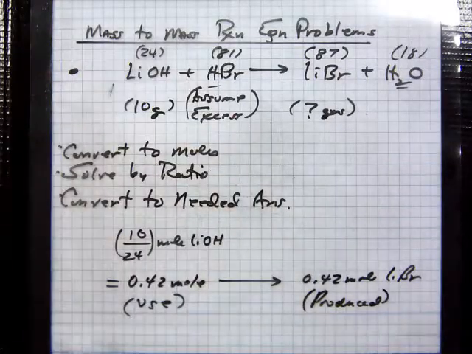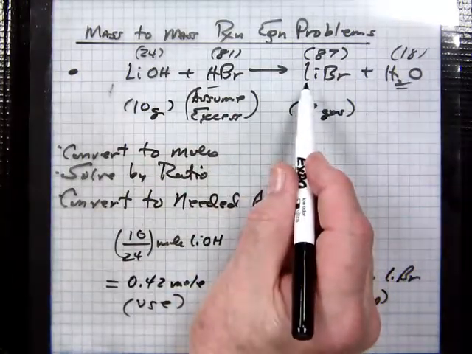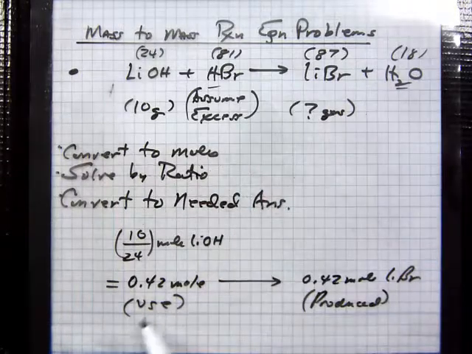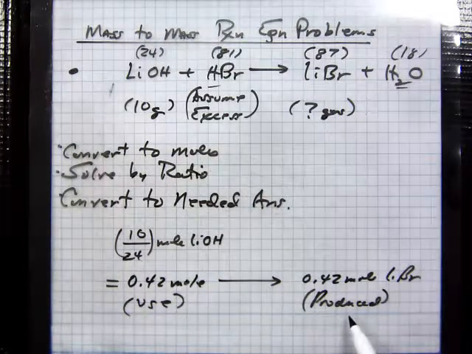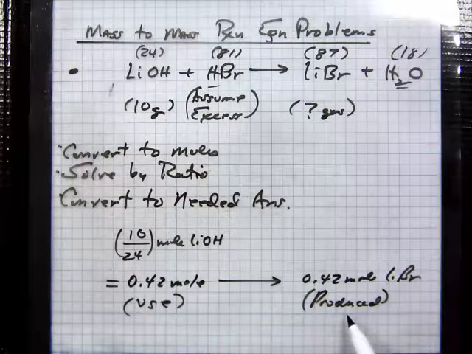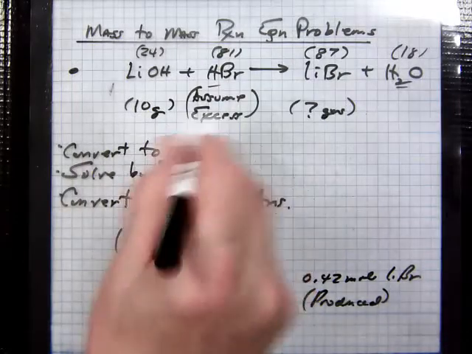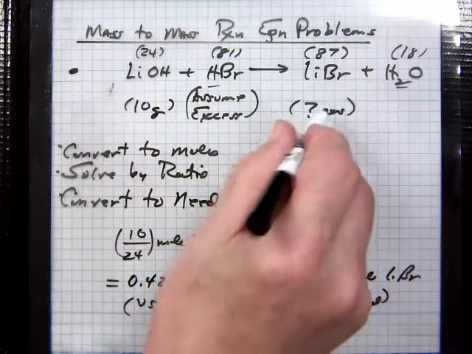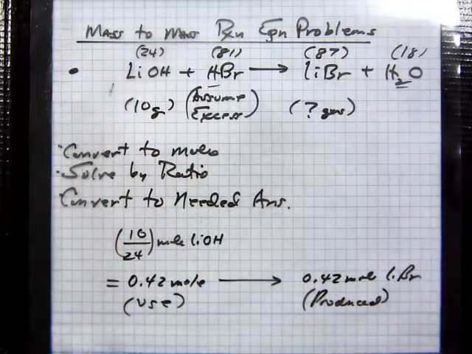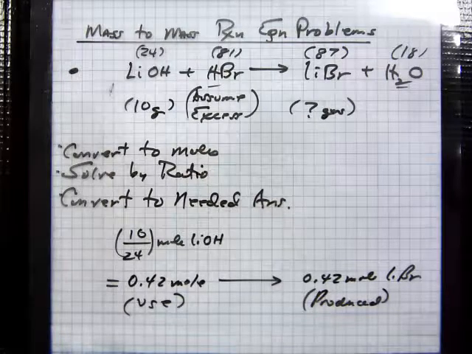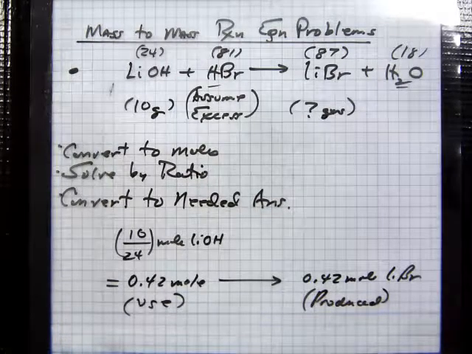Now, hypothetically, if that had been a 2 over here with the lithium bromide, and you worked out 0.42, then that would be 0.84. You would double it. But you can't just double the grams and say 20 grams over here. That's why moles is so useful and so simple and solves all your stoichiometry problems.